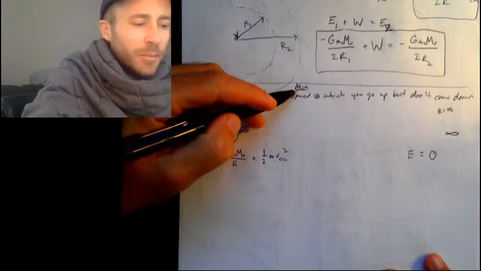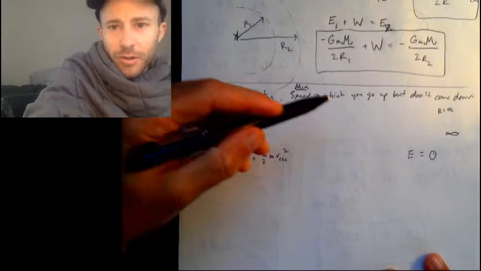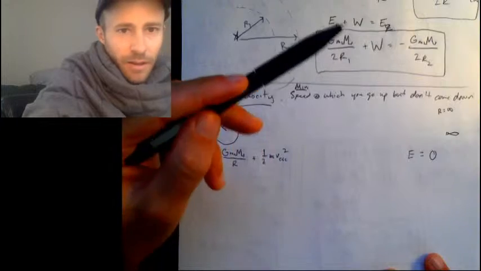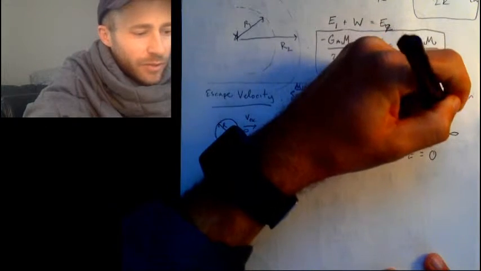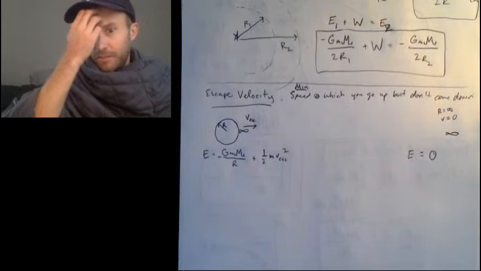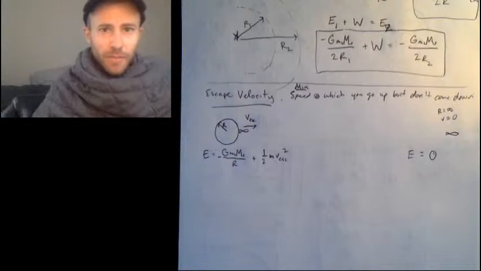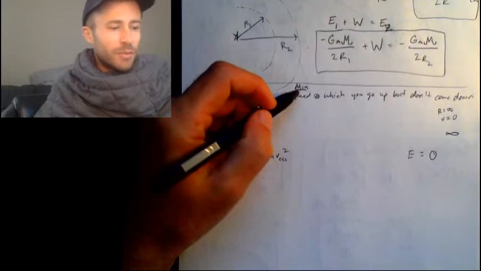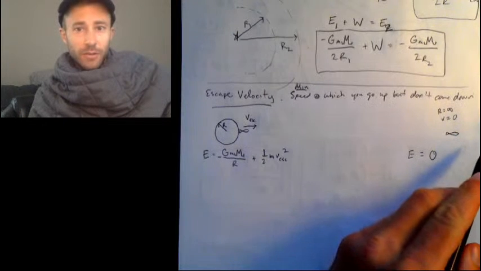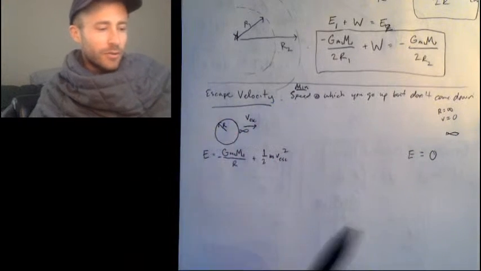And if it's the minimum speed at which you go up and you don't come back down, when you escape to infinity, the velocity is basically 0 because you barely made it out to infinity, if that makes sense. If you have more than the minimum speed, then when you escape all the way out to infinity, you still have velocity left over. But this is the minimum possible speed.